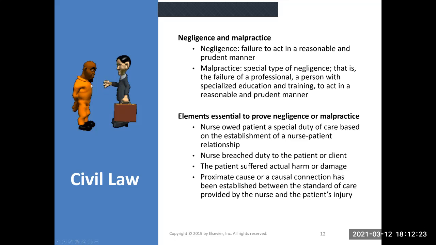So the tenets of negligence and malpractice is that you, the nurse, have the onus, the accountability to provide. Once you take a patient, you have a special duty to that patient, and you have to provide the best care for that patient.